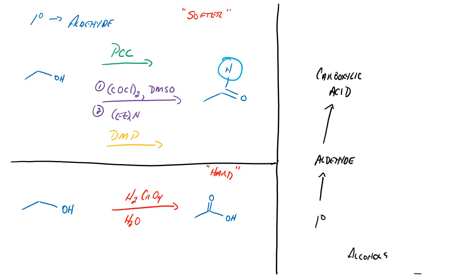If I was trying to stop at an aldehyde, I need to pick a soft oxidant to get there. If I want to go all the way up to here, I'll need a hard oxidant to go there.